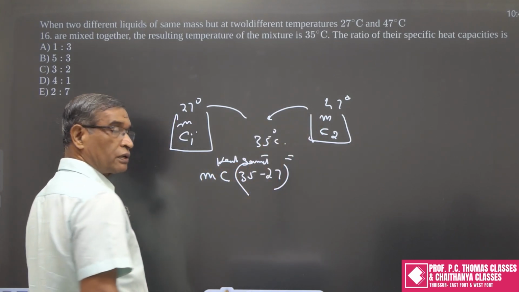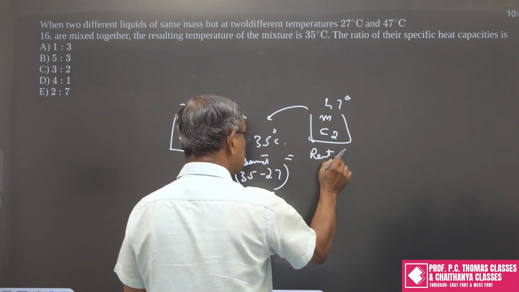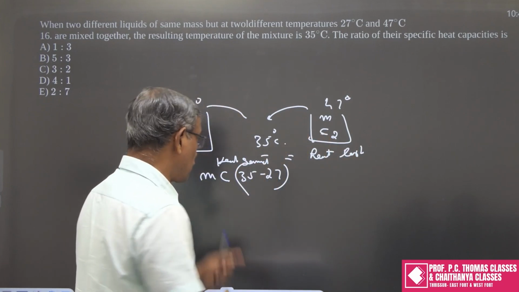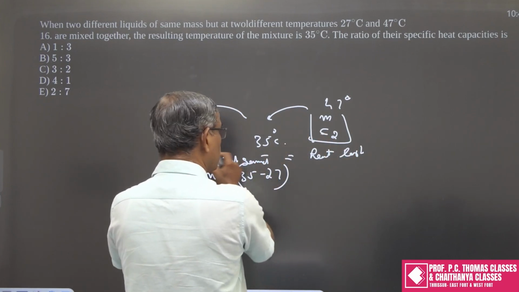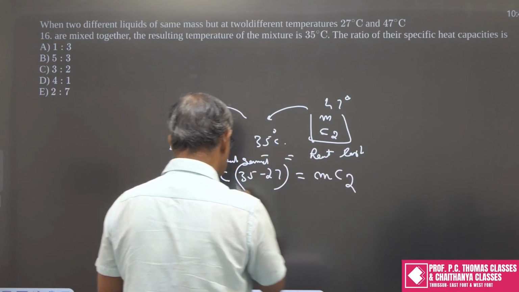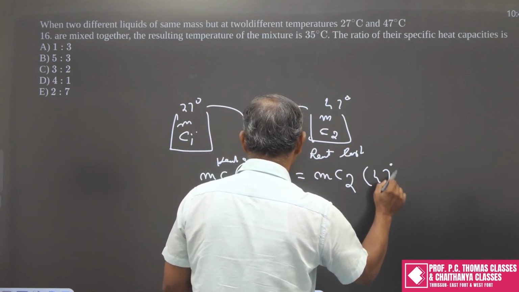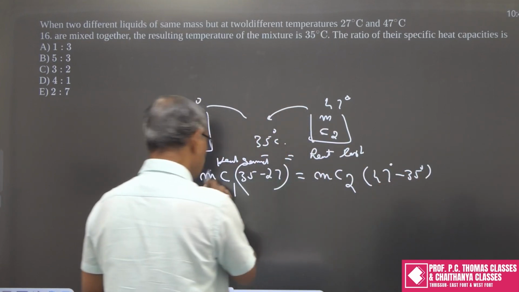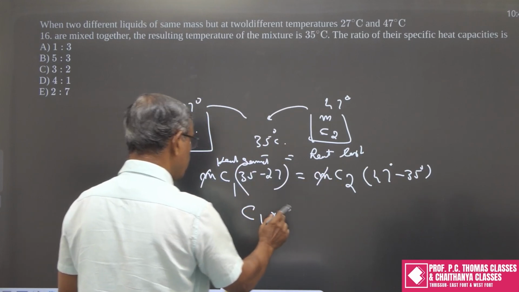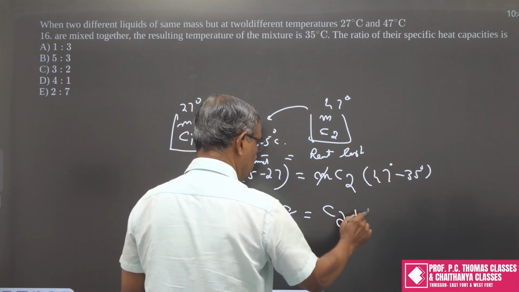Whereas this one on mixing loses heat, and by energy conservation, heat lost and heat gained are the same. So we are equating. Heat gained by this liquid is equal to heat lost by this liquid, equal to M C2, and the falling temperature 47 minus 35. M is common, so C1 into 8 equals C2 into 12.